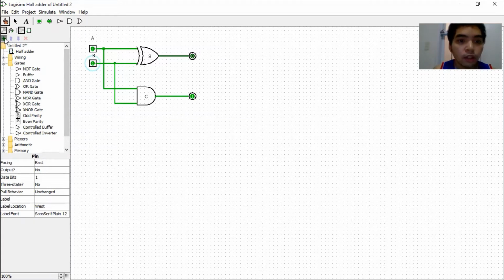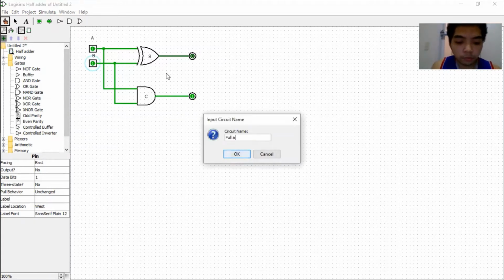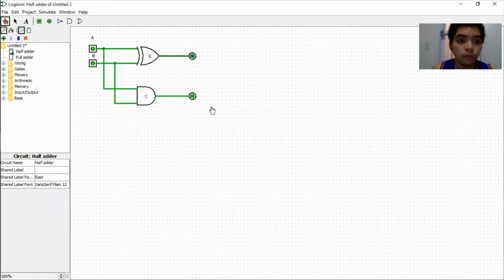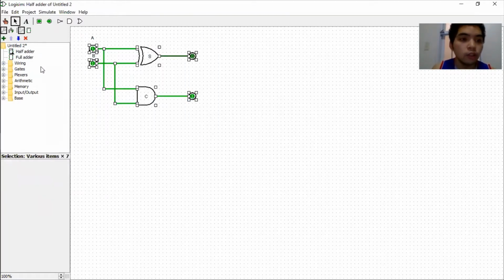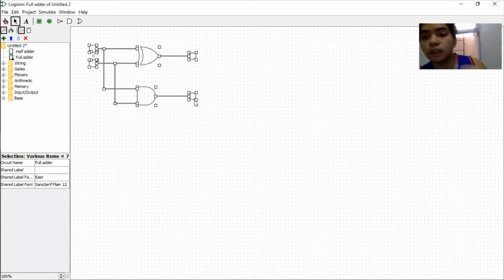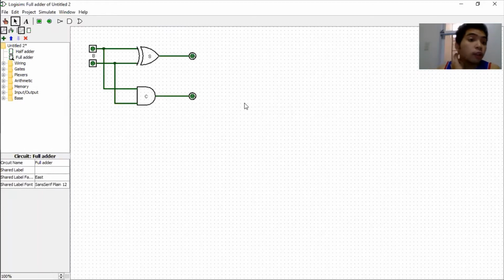So to construct a full adder, we only need to combine two half adders. The only difference between the half adder and the full adder is that it has a third input, and that input is for the carry.